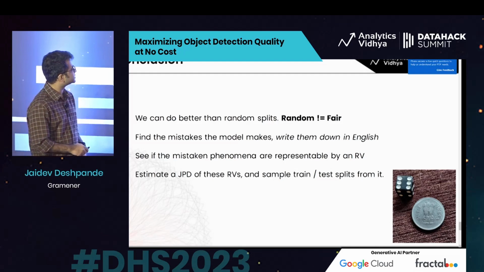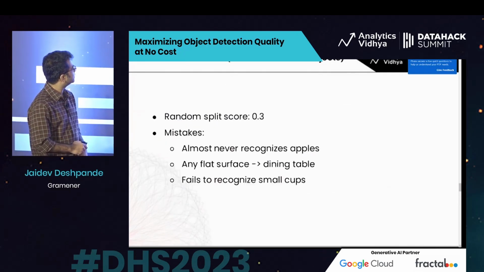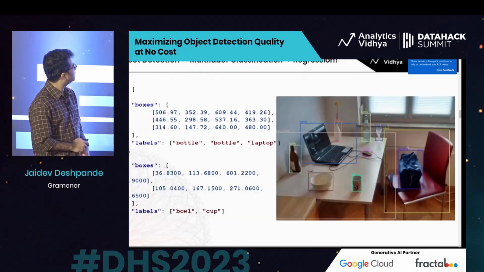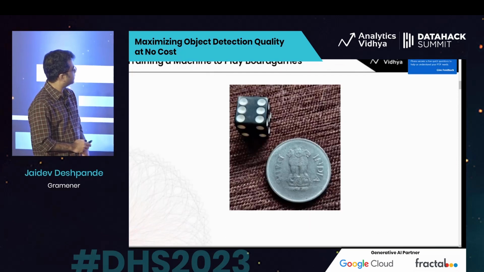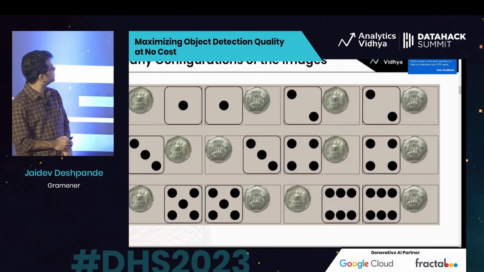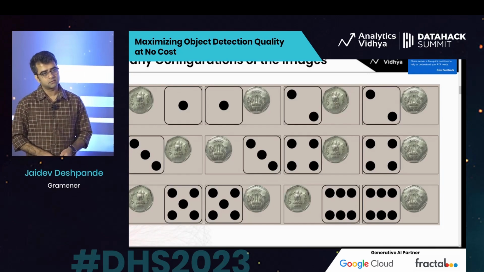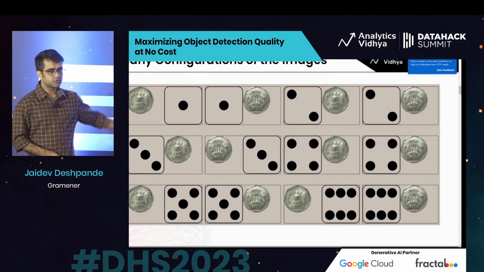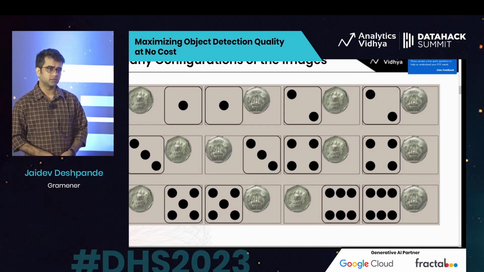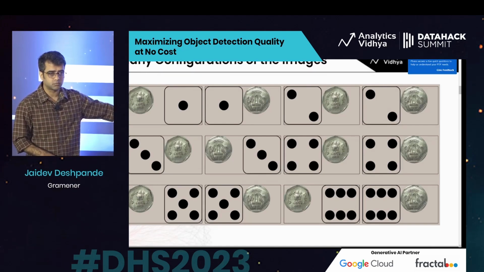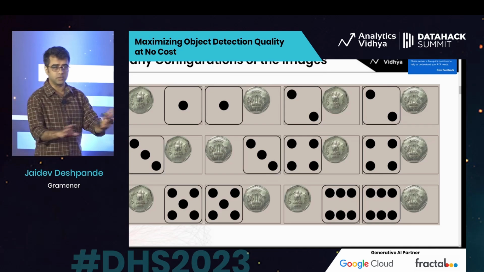Let's take a very trivial example again for this particular data set. Whether the coin appears to the right or the die appears to the right is randomly decided. This also is inferable from my labeling annotations, right? Assuming that this is an object detection problem. If it's a classification problem, I can't do anything about this.